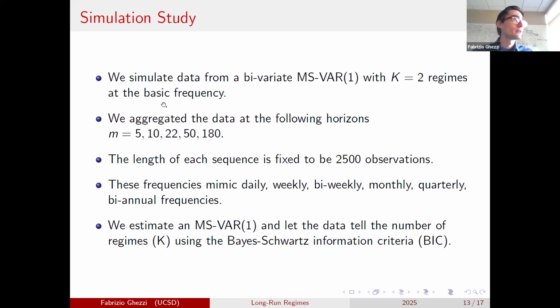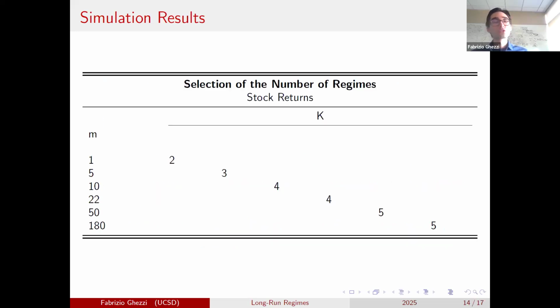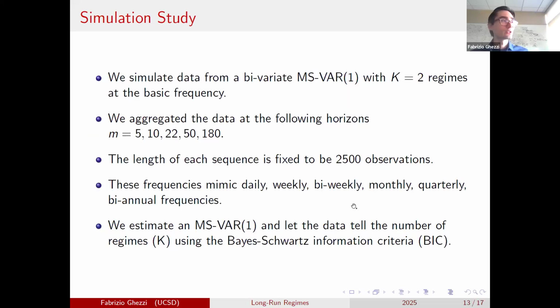For example, I start from daily, saying the short run process is daily, and then I consider a few series like weekly, monthly, up to 180 days, which would be a 6 month period. Then I go in with the MS-VAR process, and I try to see what is the number of regimes implied with a reasonable number of observations, like 2,000, 2,500.